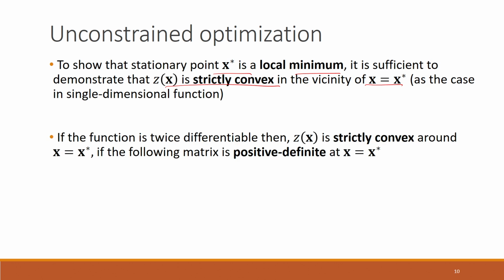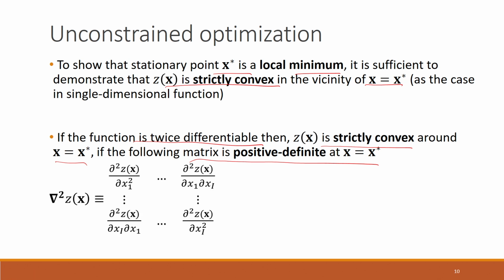Now, how do we check that a function is strictly convex in the vicinity of x equal to x star? If the function is twice differentiable, then z of x is strictly convex around x equal to x star if the following matrix is positive definite at x equal to x star. Now, this is that matrix. Here you can see that we have these second order partial derivatives.